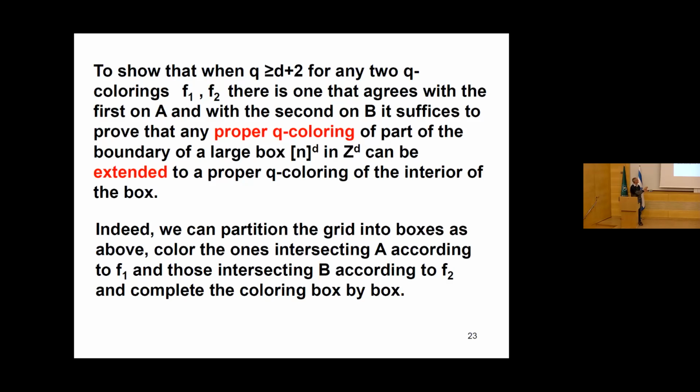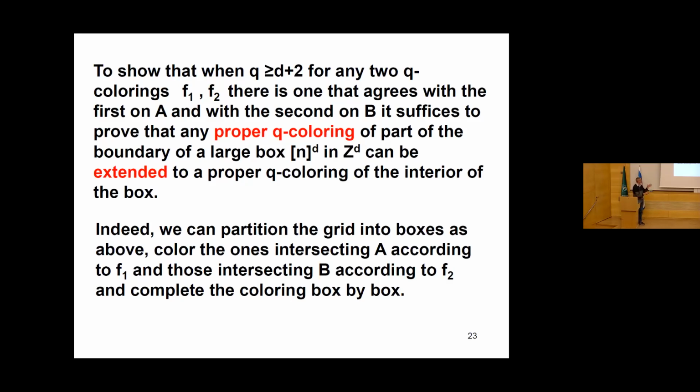sufficiently large d-dimensional box, n times n times n, d times, and we have some proper coloring of part of its boundary, then we can extend it to the interior, to a proper coloring of the interior.